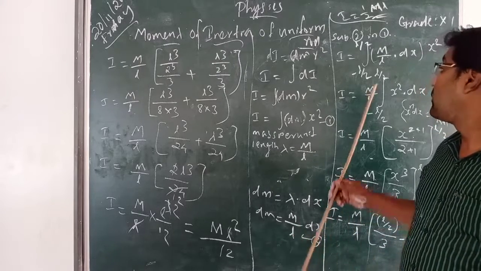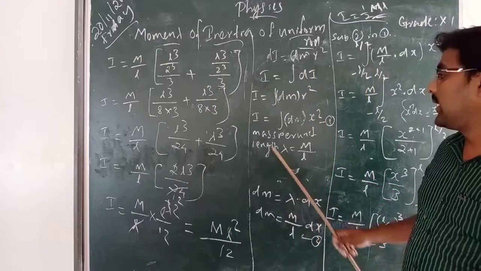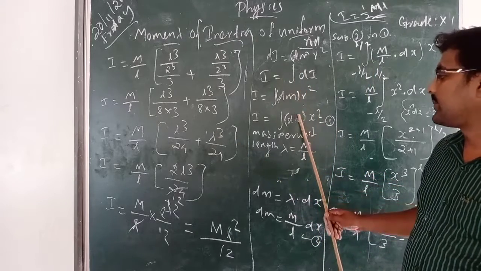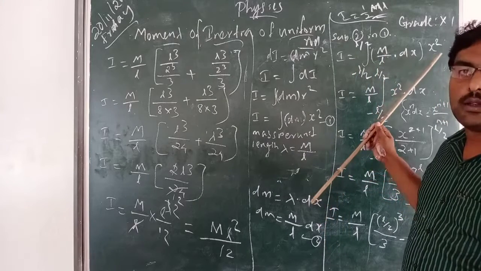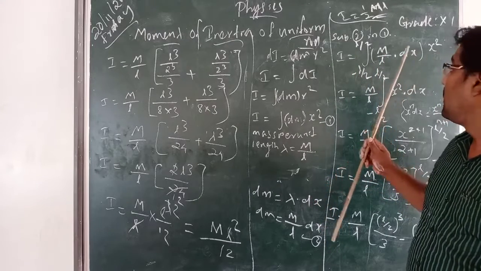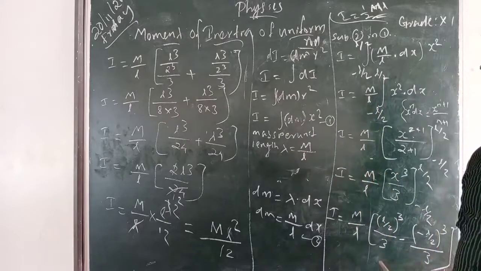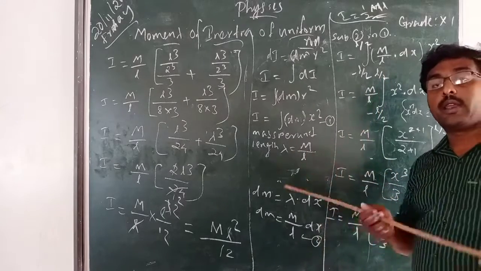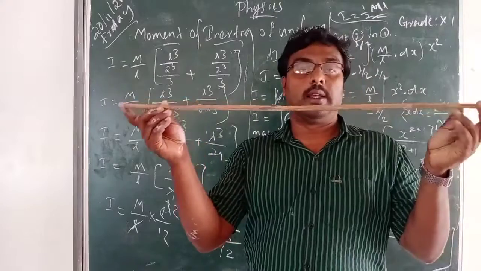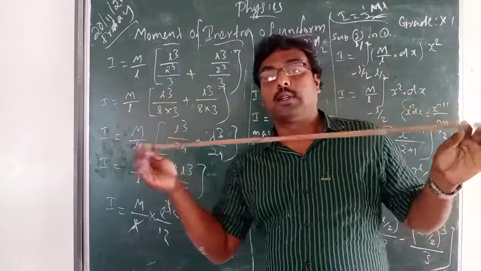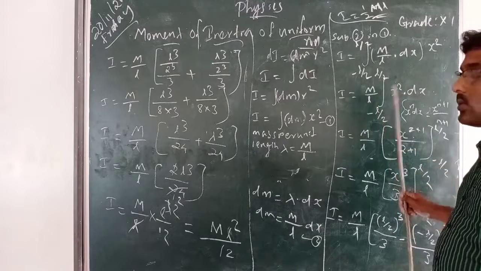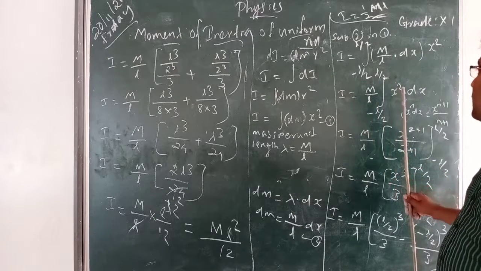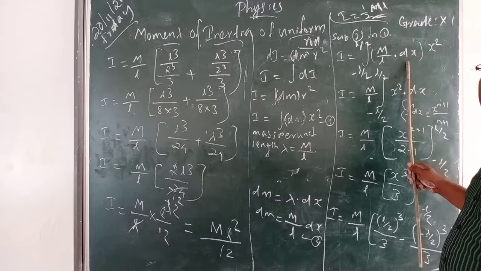Now substituting this in equation 1. So I is equal to m by L dx into x square. Now we have to integrate with the limits, for the whole length, minus L by 2 to plus L by 2. m is constant, L is constant, take them outside, and integrate the remaining x square dx.